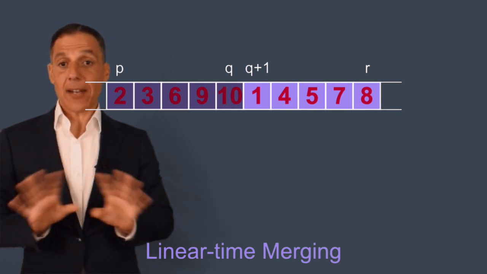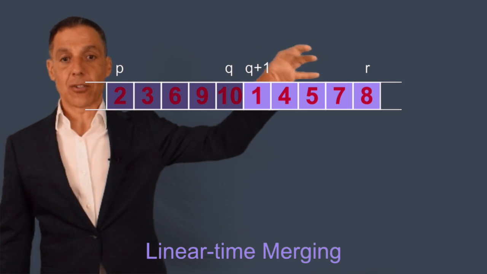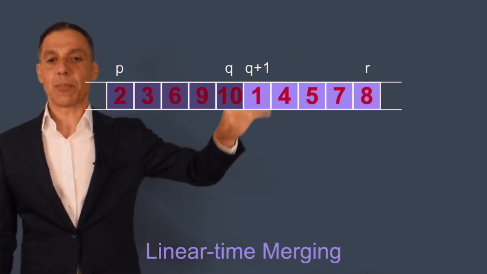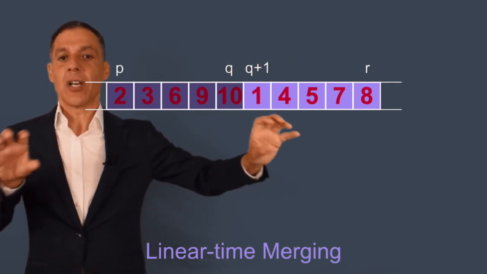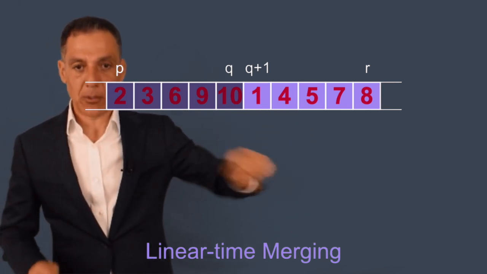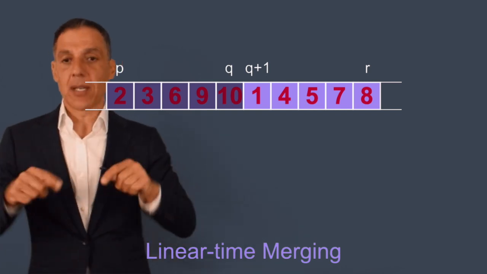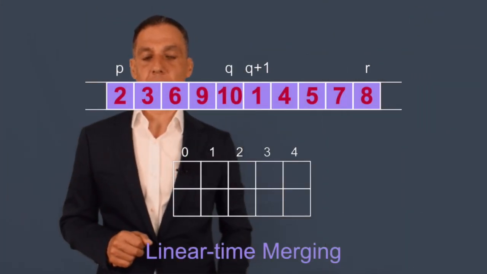Notice this is not a full-blown sorting algorithm, because these are already sorted and these are already sorted. My job is simply to take two sublists of equal or almost equal size and merge them in linear time. That's why I'm calling this linear time merging. So let's see how we're going to do that.